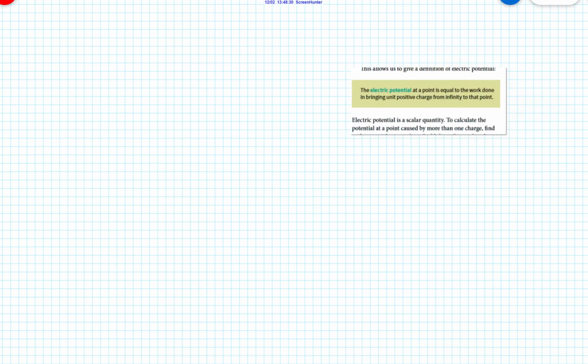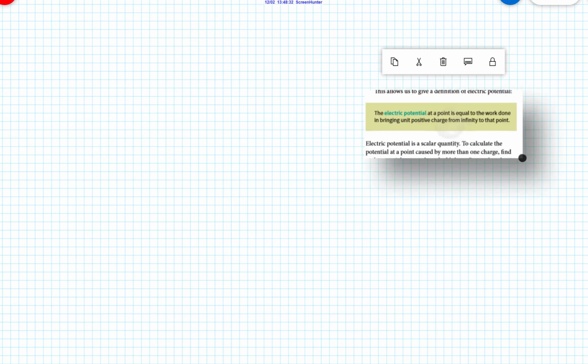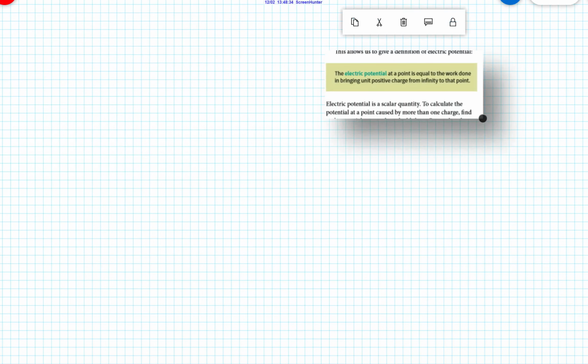What we are about now is to come out with a derivation of the expression of the electric potential at a point. So first let us start with the official definition of the electric potential.